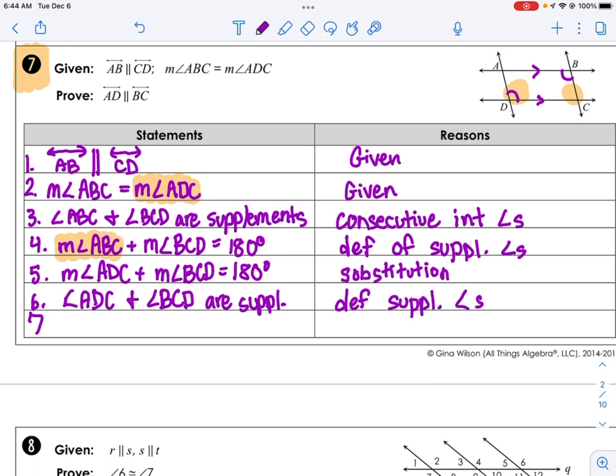And then we can use, like I said, the fact that those are consecutive interior angles to go ahead and say that line AD and line BC are parallel. And again, don't forget that you would need to use your converse because we are using that angle relationship to say that the lines are parallel.